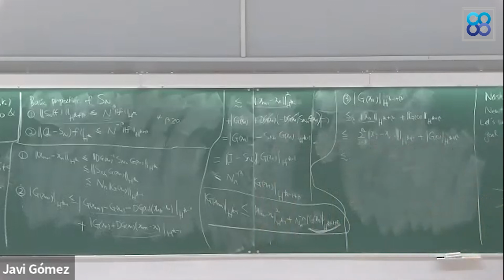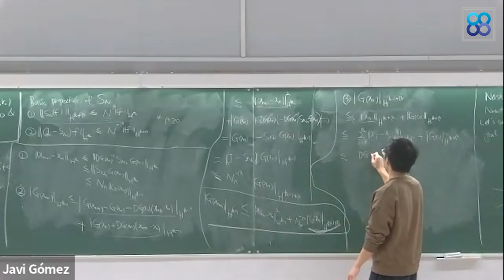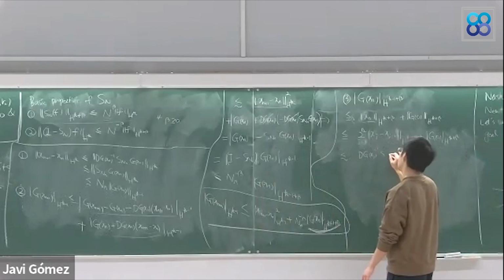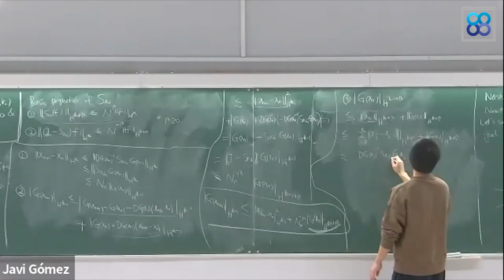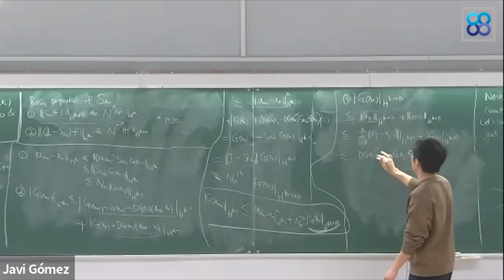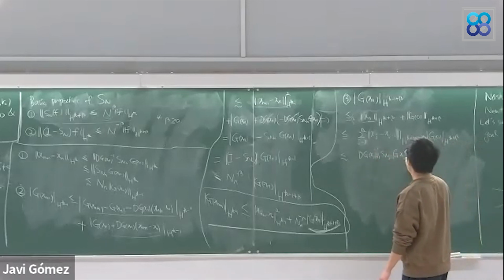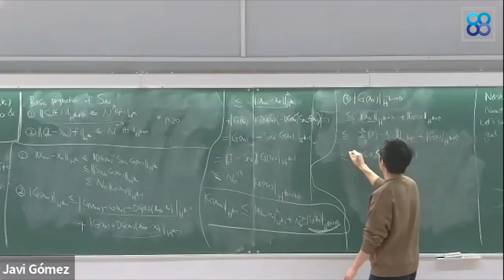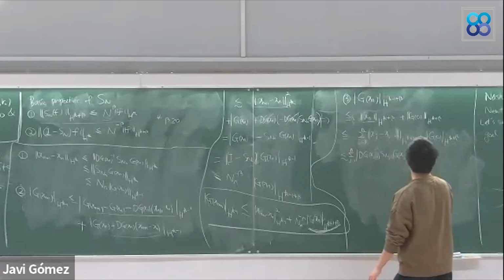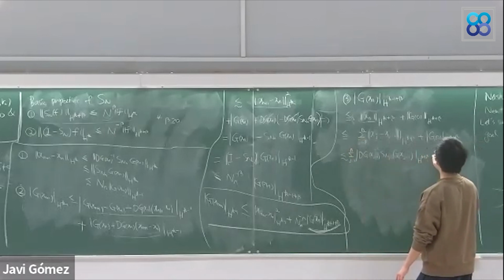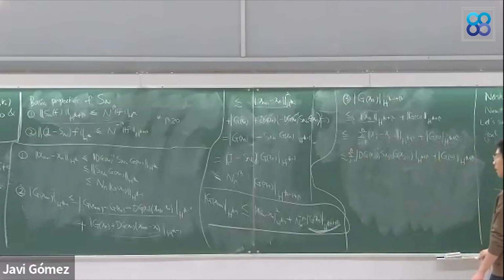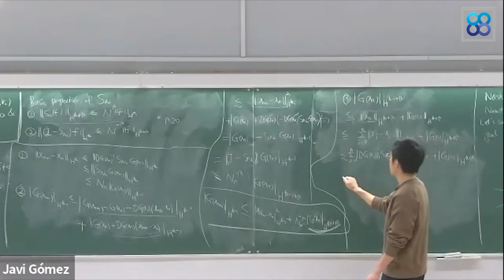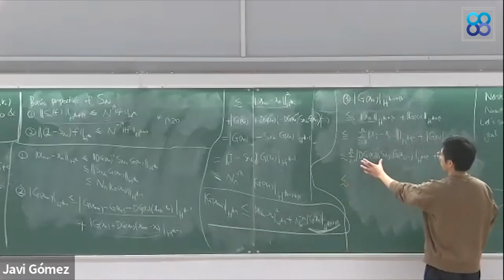For each j, the difference is this term: we have DG(x_j) inverse S_(N_j) of G(x_j), in H^(k-1+beta), and we are assuming that the inverse is good.